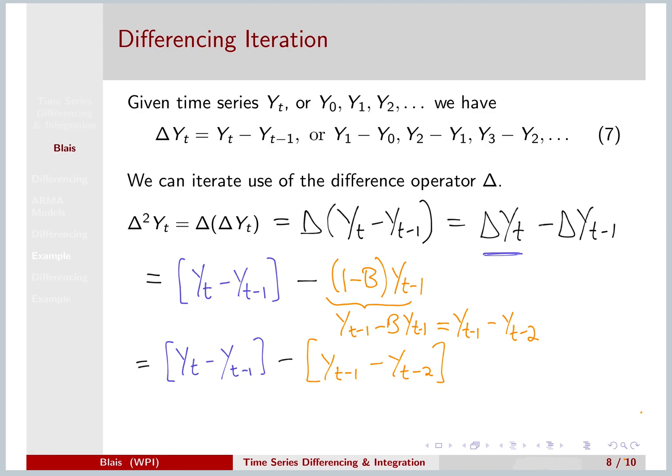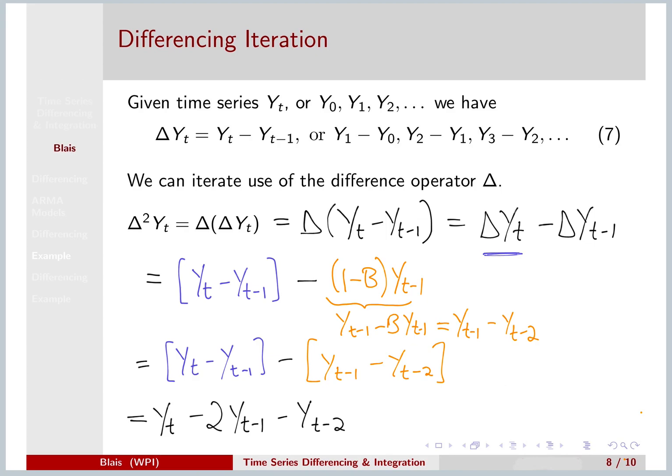And we can now simplify this. So we see we have a y_t, but notice here we have a negative y_{t-1} and a negative y_{t-1}. And so we have minus 2 y_{t-1}. And here we have a minus y_{t-2}. And this would be the second difference of our time series.